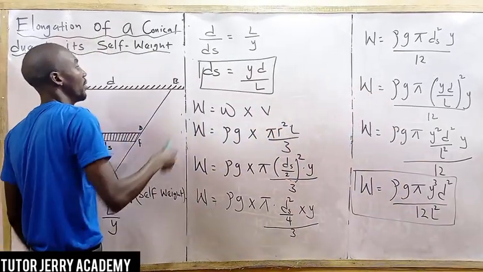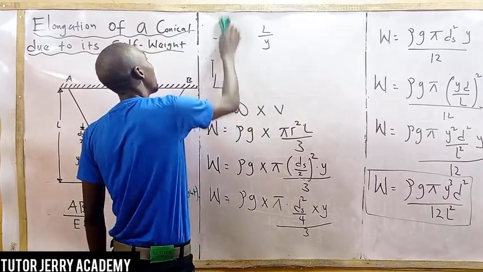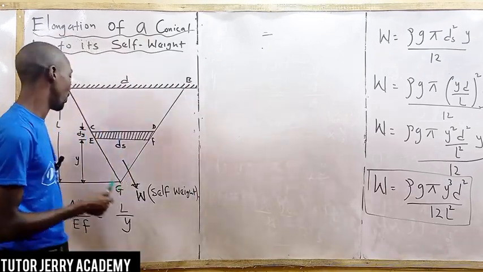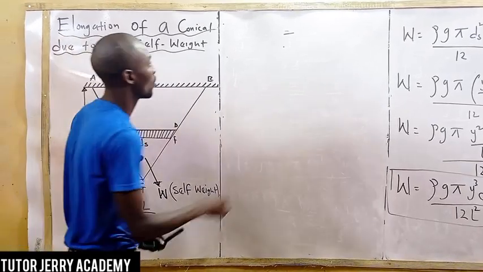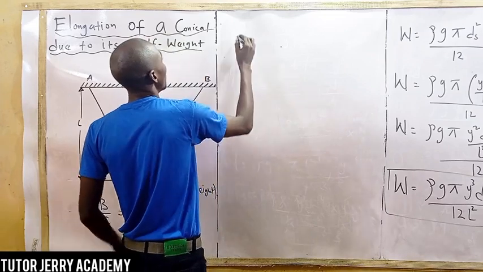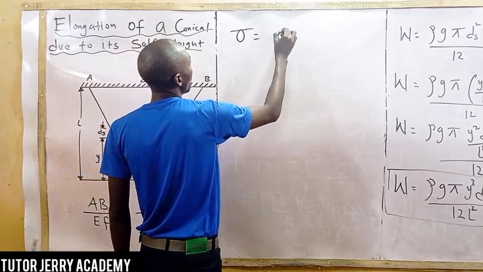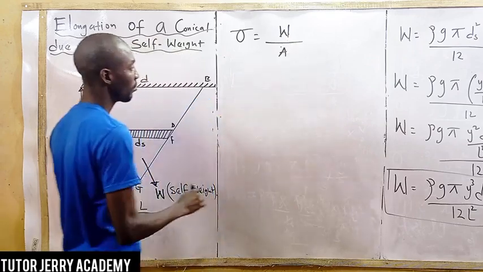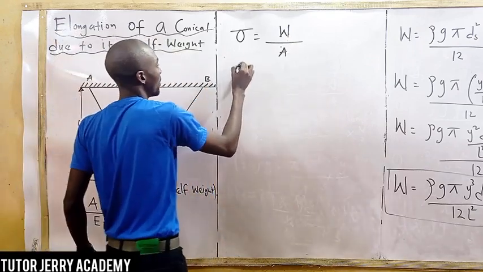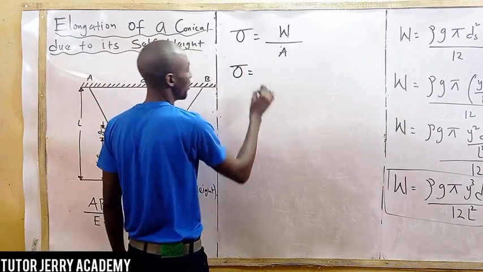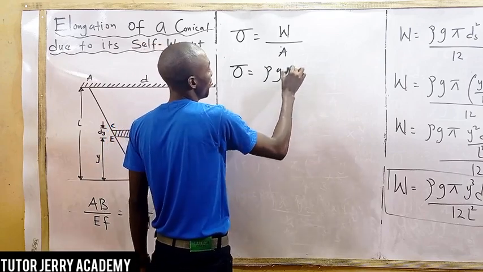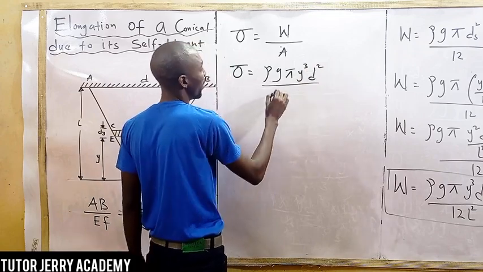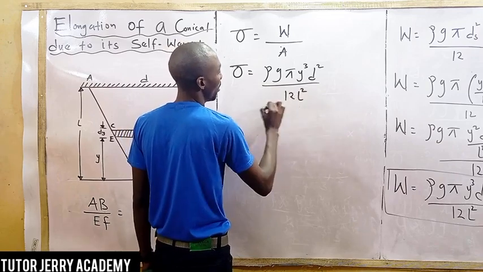All right. So from here, let's analyze the stress in the differential element. We know that stress is equal to load over area. Our load is density, gravity, pi, y cubed D squared over 12 L squared, over area.